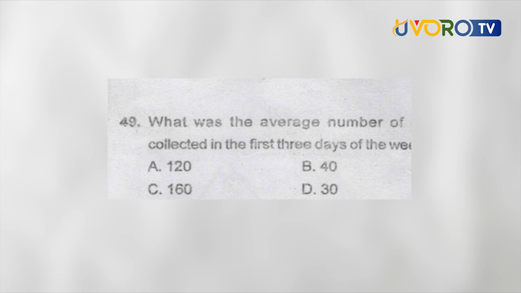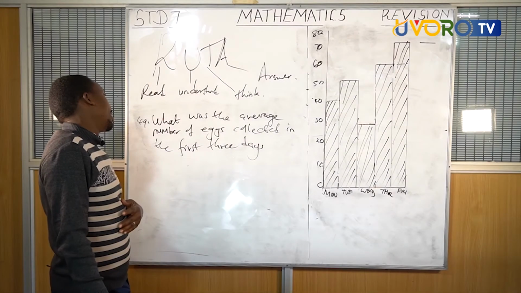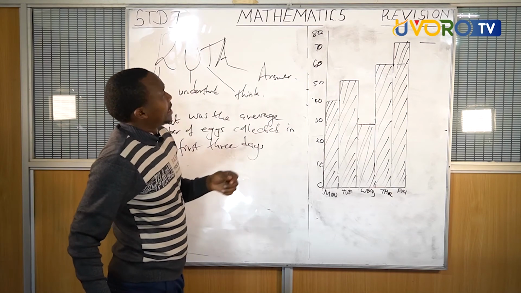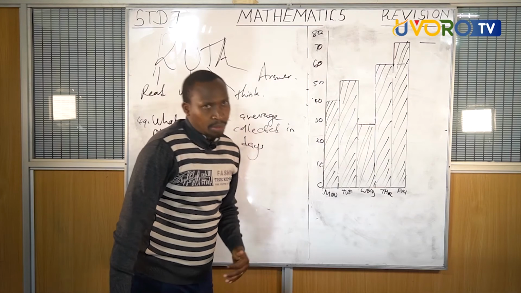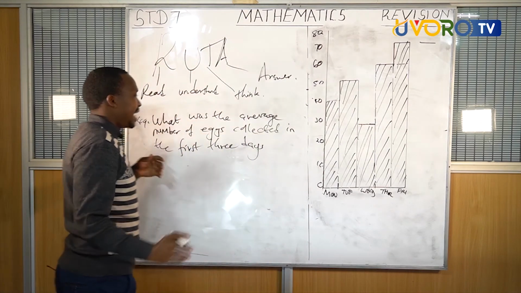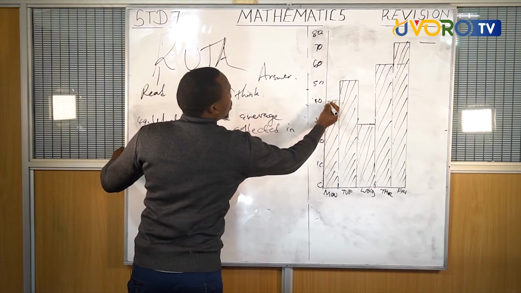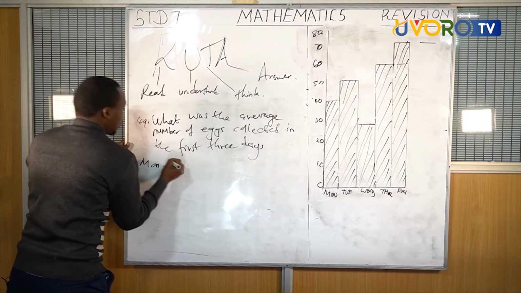Now, class 7, just see. R for reading, we have already read. U for understanding. Now, you need to see or list the number of eggs produced each and every day. Monday, they produced 40 eggs.